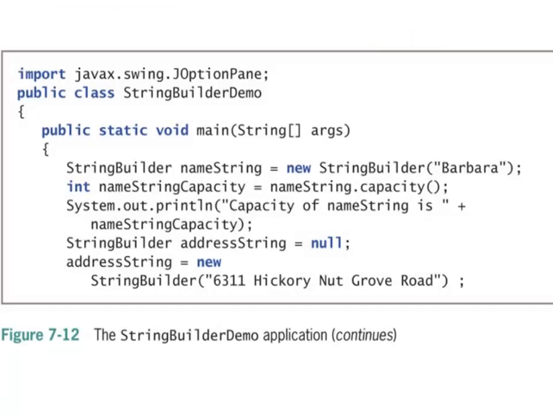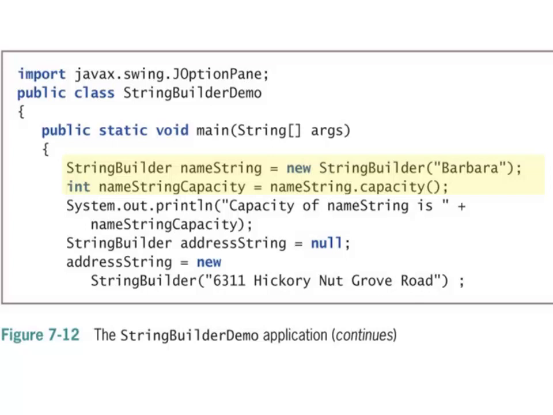In this example, we first create a name string object. We have a StringBuilder nameString equals new StringBuilder, then we pass the 7 characters Barbara. We should use the new keyword for creating the StringBuilder object. To find the capacity of the StringBuilder object, we can use the capacity method.